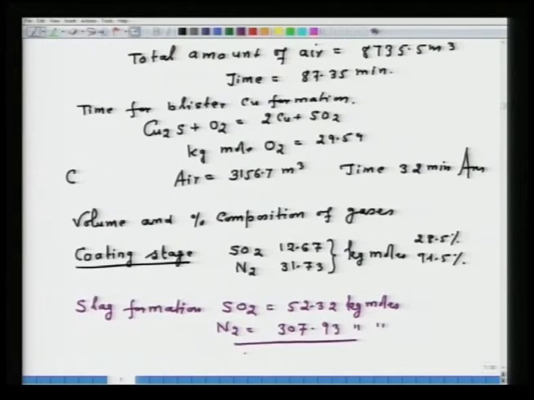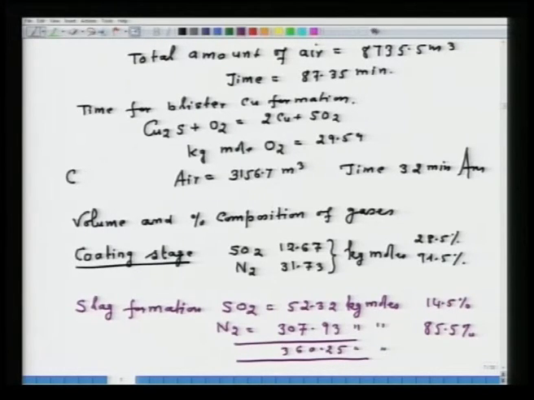If you sum both, then it becomes 360.25 kg moles, which is the amount of converter gas that is produced. If you want to calculate the volume, you multiply by 22.4 and you get meter cube. So, the percentage of SO2 is 14.5% and nitrogen is 85.5%. That is the amount and the percentage composition of the gases in the slag formation stage.